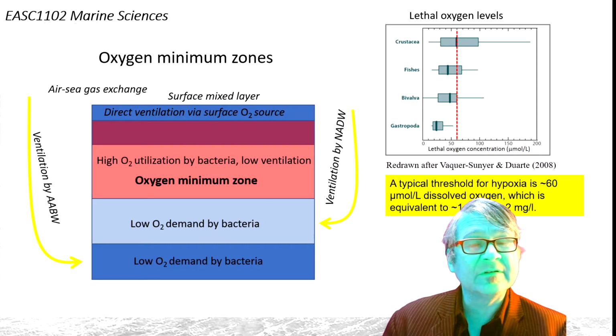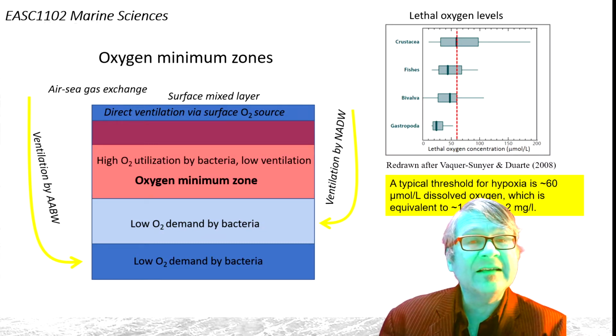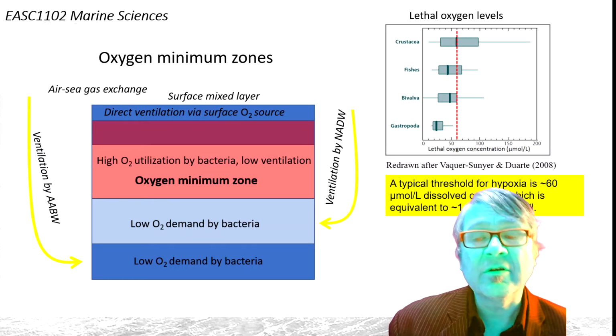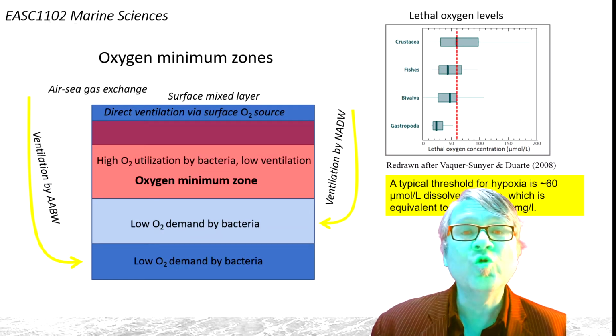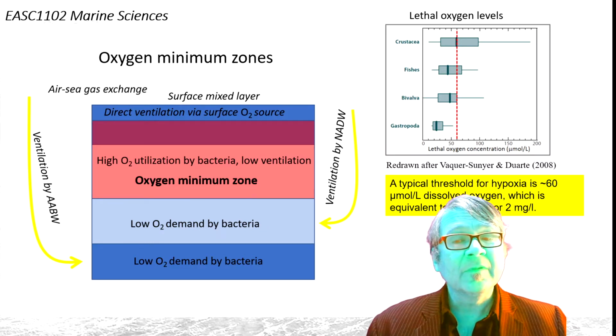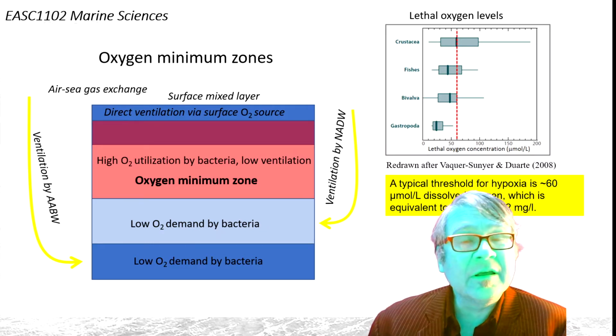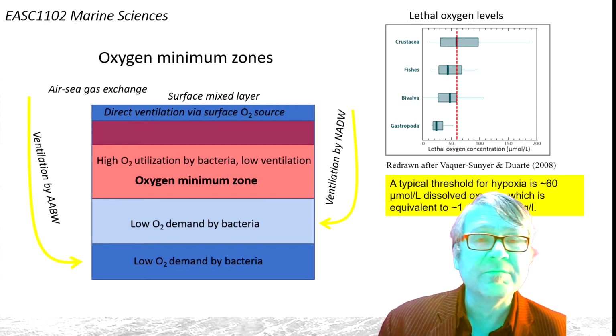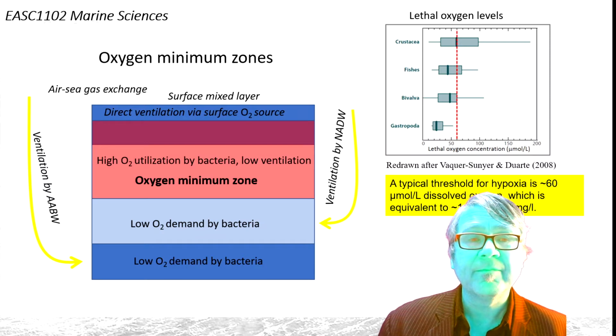So there are regions that are isolated from direct influences of the oceanic circulation. So there are two competing processes: one is the bacteria that use up oxygen, and the other one is the ventilation by oceanic currents.